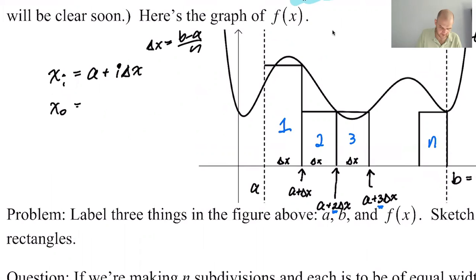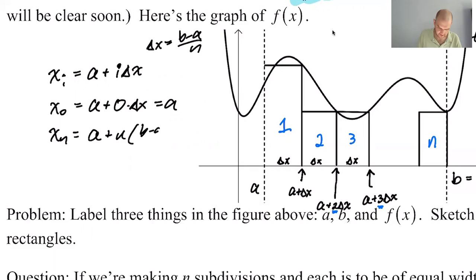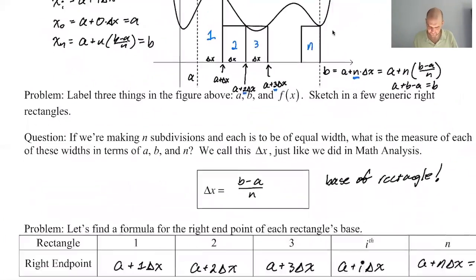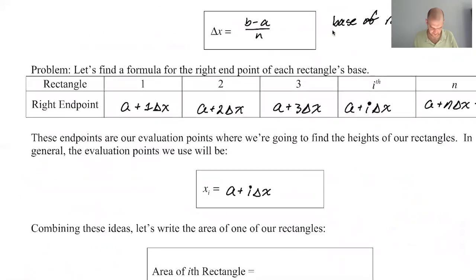Then x sub 0 is a plus 0 delta x, which is just a. And x sub n is a plus n times b minus a over n, which simplifies to b. So that's why up there, where you may have been a little confused, I was finding x0 and xn. It's all going to come together, but we're in good shape, I think.